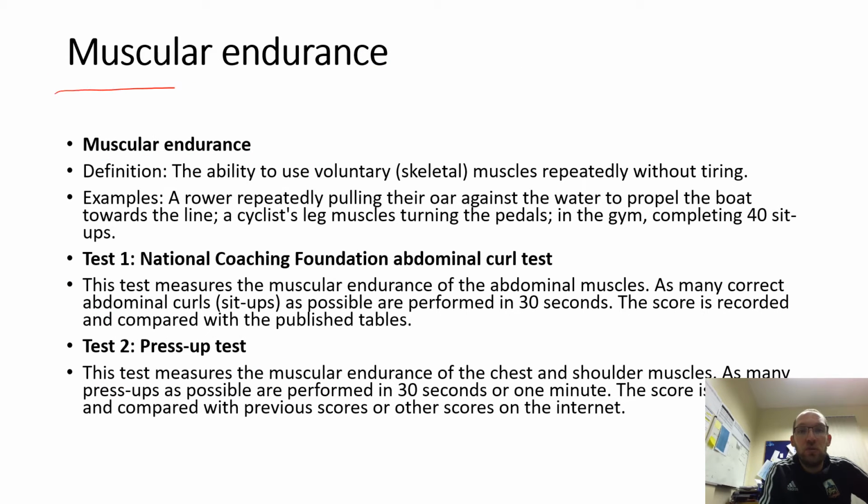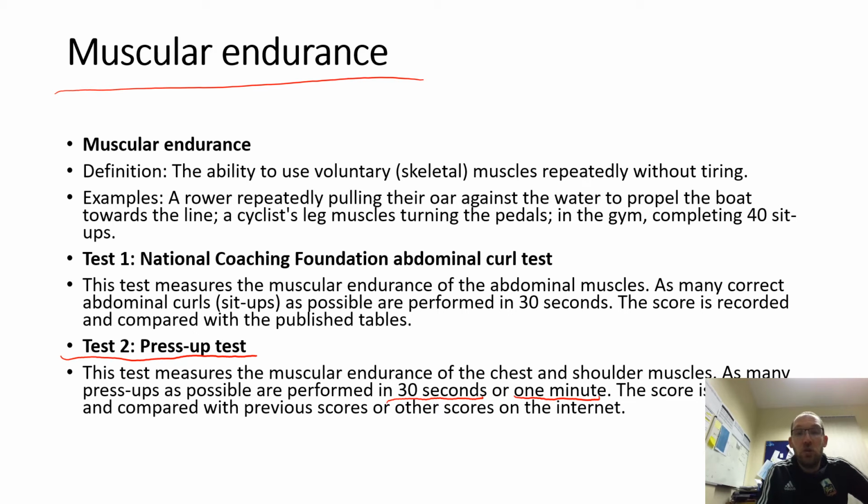Muscle endurance. So our definition, the ability to use voluntary muscles repeatedly without tiring. Now, we have got 2 tests here. One I always refer to is actually test 2, the press-up test. So how many press-ups you can do in 30 seconds or 1 minute.